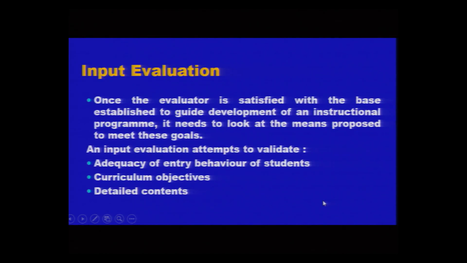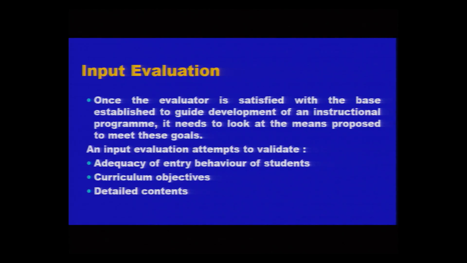Then second is curriculum objectives. Whatever we have decided during curriculum design as the curriculum objectives or course objectives, meaning that this competency will be developed in the students by doing this.